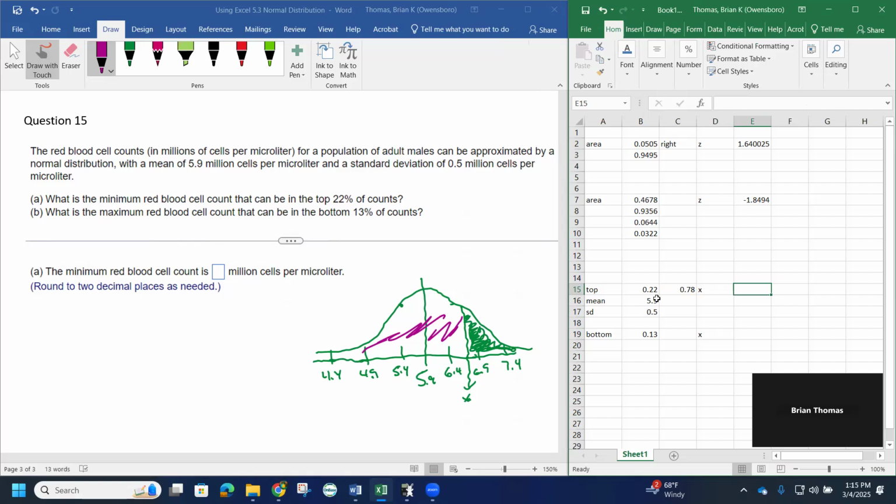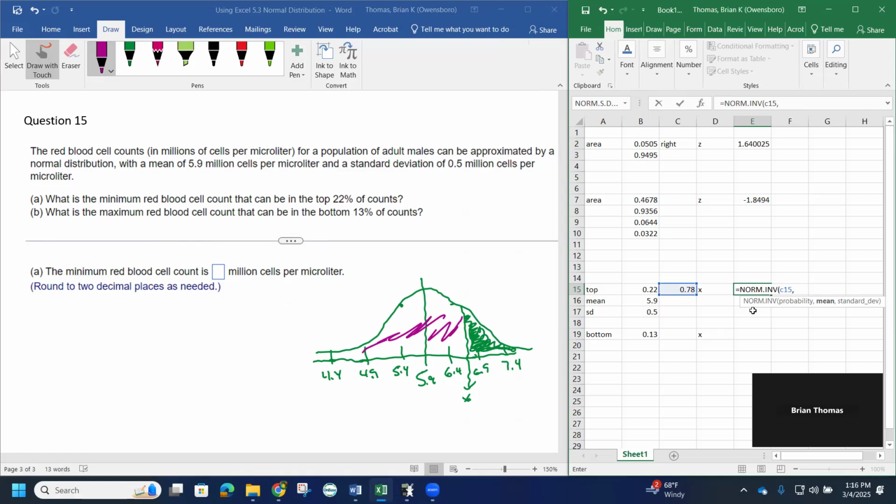So what I can do now to find the x value is, I have my probability, my mean of 5.9, and my standard deviation of 0.5. So we actually can find x here. We don't have to convert this to z-scores. So if I type equals and do NORM.INV, the probability would be the 0.78, which is the C15, or I could just type in 0.78 there.